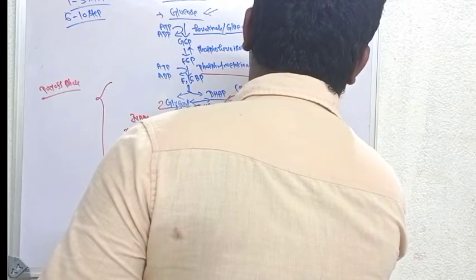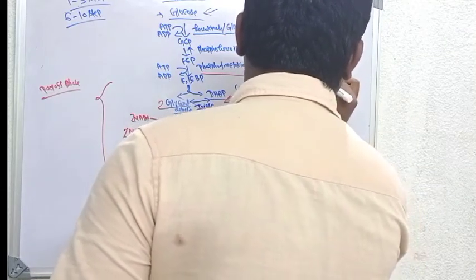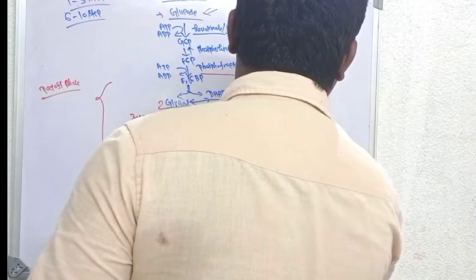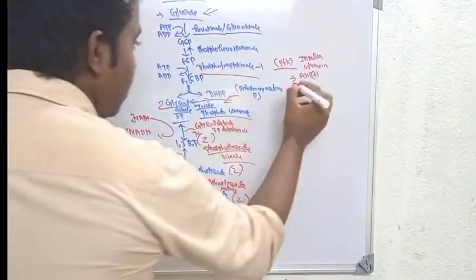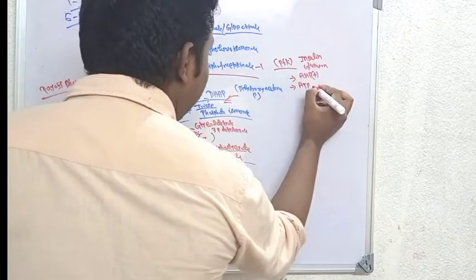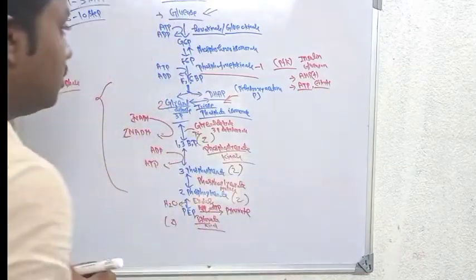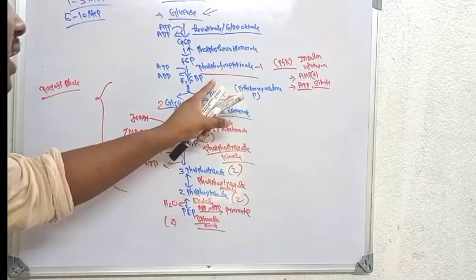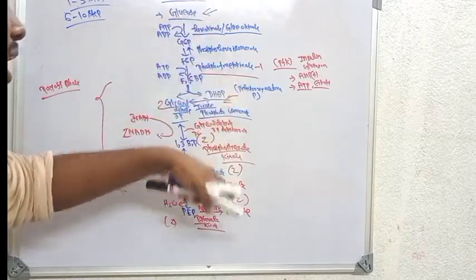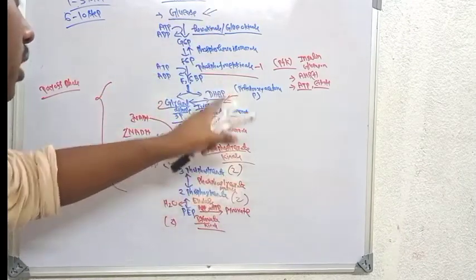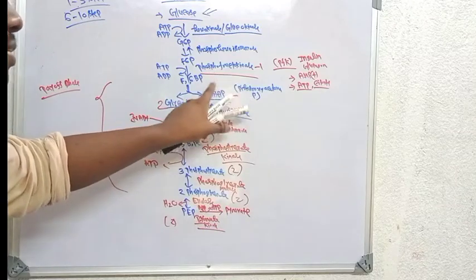AMP concentration inside the cell activates this enzyme. High amounts of ATP and citrate inside the cell inhibit this enzyme, so the entire reaction will be stopped. And this step is the rate limiting step.